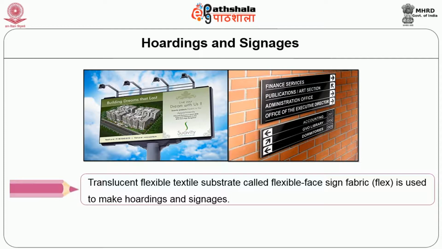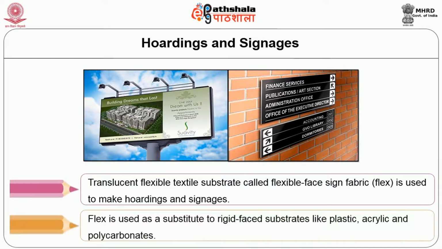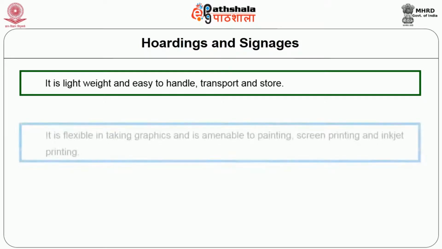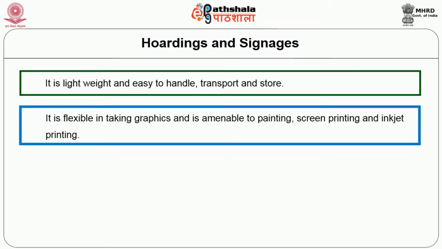Translucent flexible textile substances called flexible face sign fabrics, or Flex, are used to make hoardings and signages. Flex is used as a substitute to rigid face substances like plastic, acrylic and polycarbonates. It is lightweight and easy to handle, transport and store.